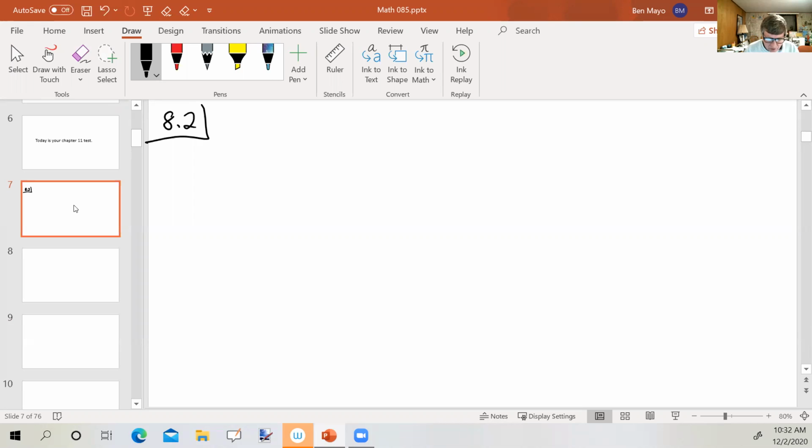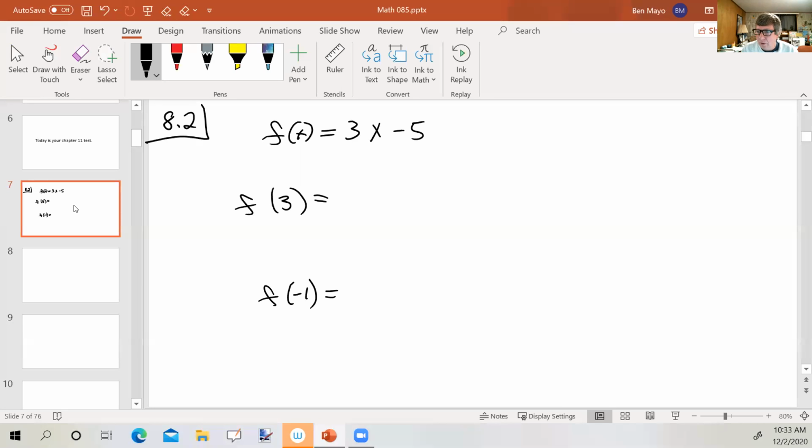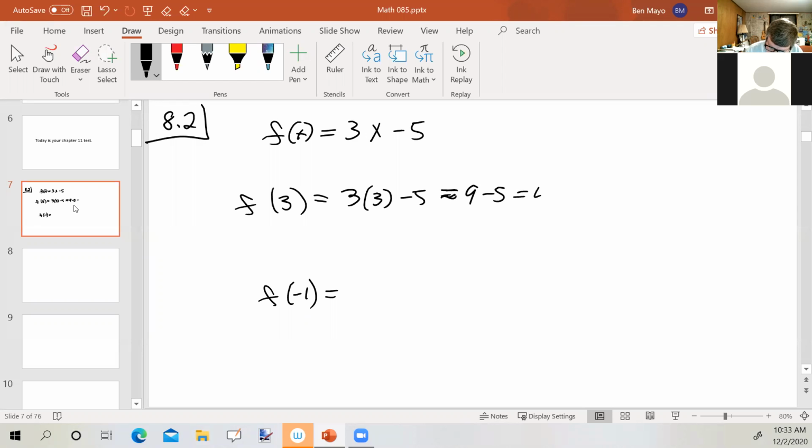And we talked about function notation. And let's look at some examples. Let's say that we have the function f of x equals 3x minus 5, and we are to find f of 3 and f of -1. So f of 3, the input or the domain is 3. We're going to put that in the place of x in the function. So that would give us 3 times 3 minus 5, which is 9 minus 5 or 4.